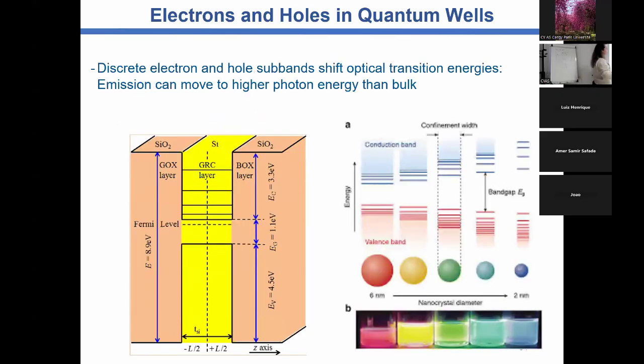We can also see it in nanoparticles. It's quite popular. A nanoparticle with 2 nanometer behaves differently from a nanoparticle with 6 nanometer, because of the light management inside those potentials.